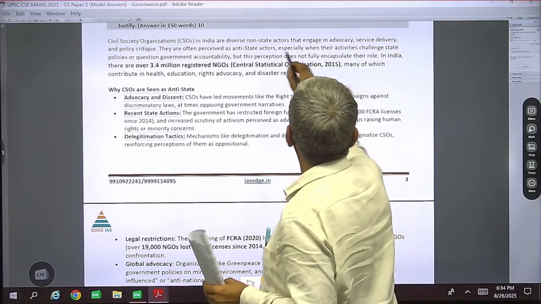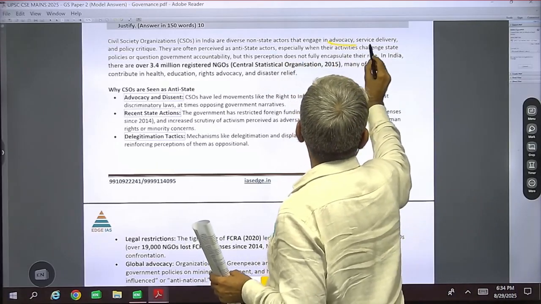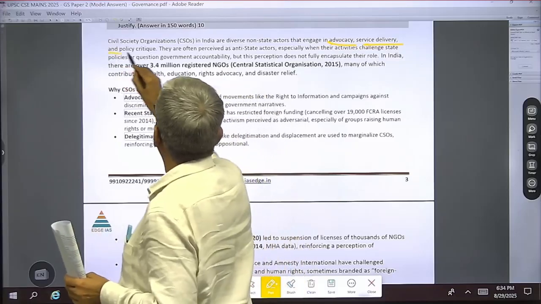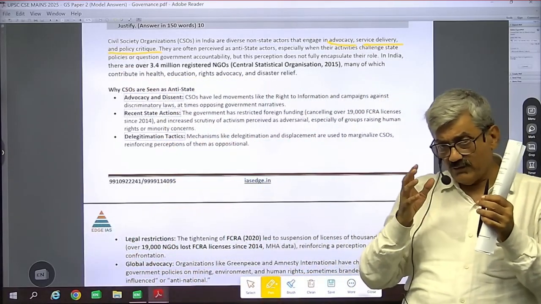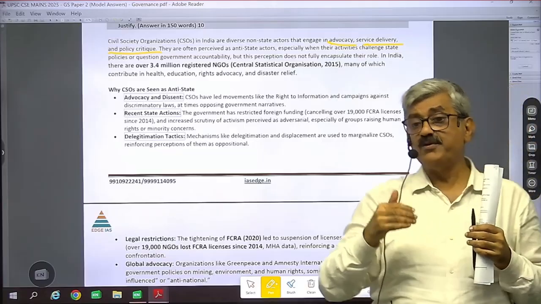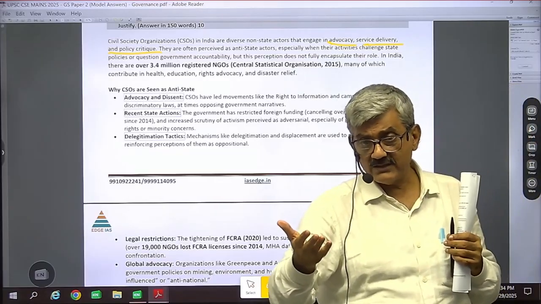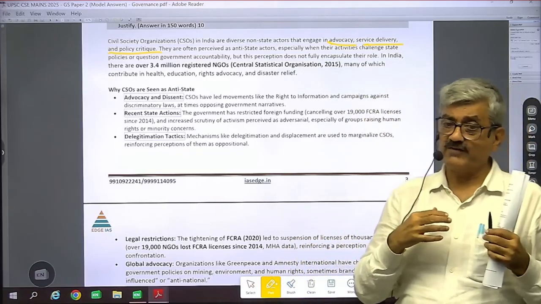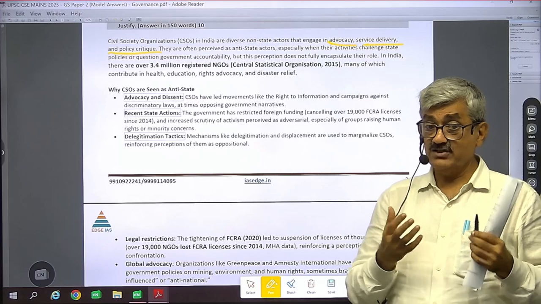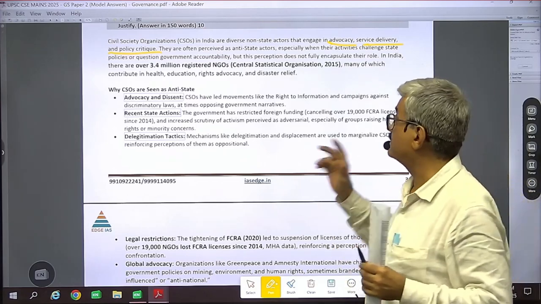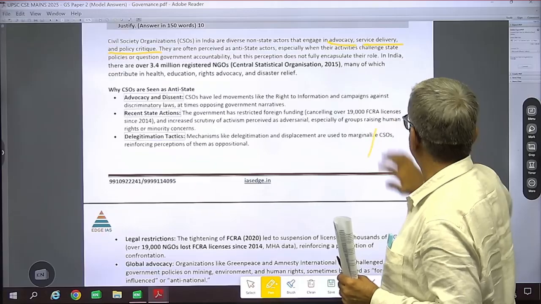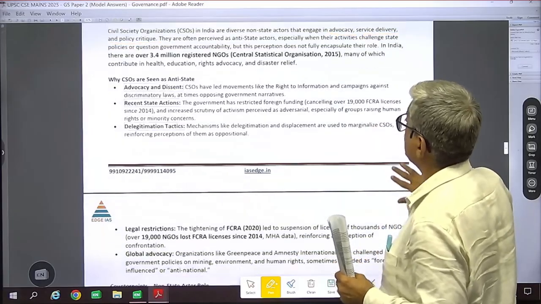We have said here it is advocacy, service delivery, and policy critique. Now it depends on whether they are going beyond their jurisdiction in becoming a sort of anti-state. Should too much criticism be treated as anti-state or not? Let's discuss and make it part of our answer.